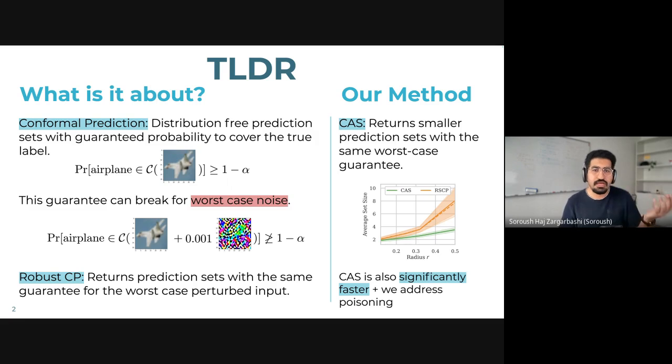So as a defense, we can use robust CP, which maintains the same guarantee, now even for the worst-case perturbed input. And our result, which I will also discuss at the end, is that we create smaller prediction sets, so basically fewer labels in the set, which makes it more useful.